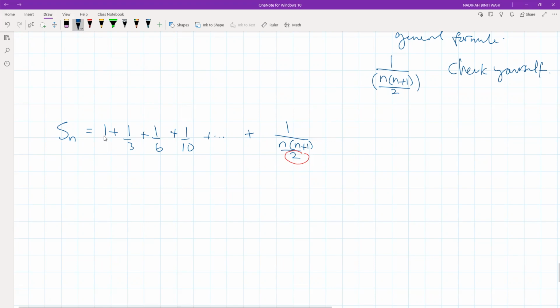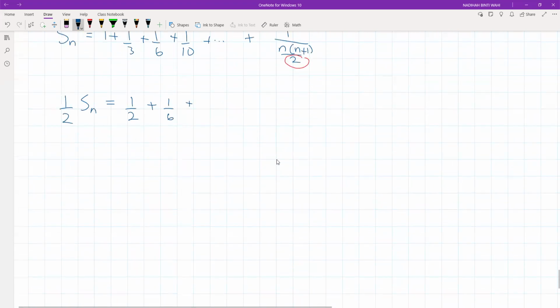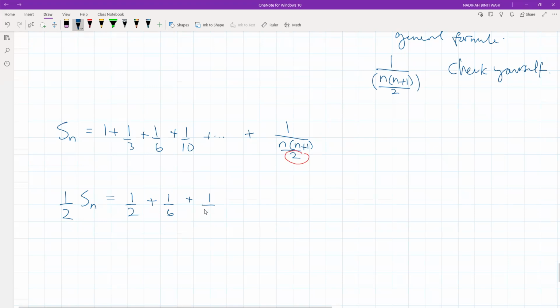If I get rid of that, I will get 1 over 2 Sn equals 1 over 2 plus 1 over 2 times 3, which is 1 over 6, plus 1 over 12, plus 1 over 20, and then this will be 1 over n times n plus 1.